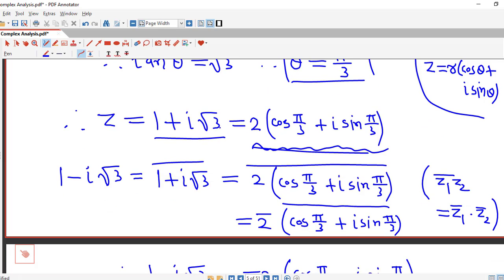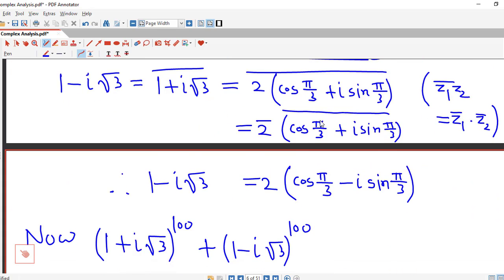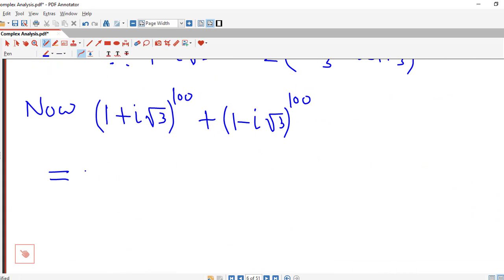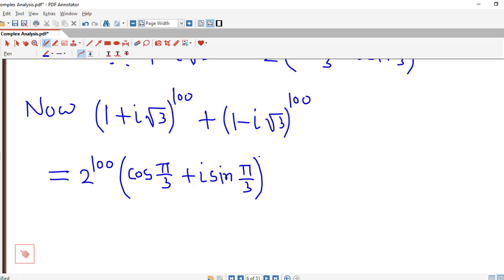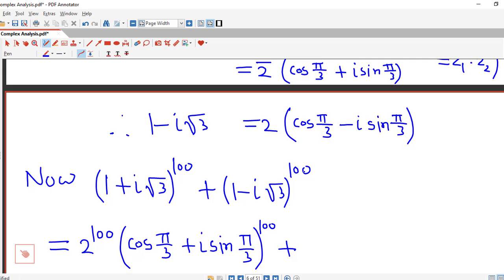So (1 + i√3)^100 will be equal to 2^100 into (cos π/3 + i sin π/3)^100. So I write directly 2^100 into (cos π/3 + i sin π/3) to the power 100. Same thing here, 1 − i√3 is this one, 2 into (cos π/3 − i sin π/3), and we are taking the 100th power.